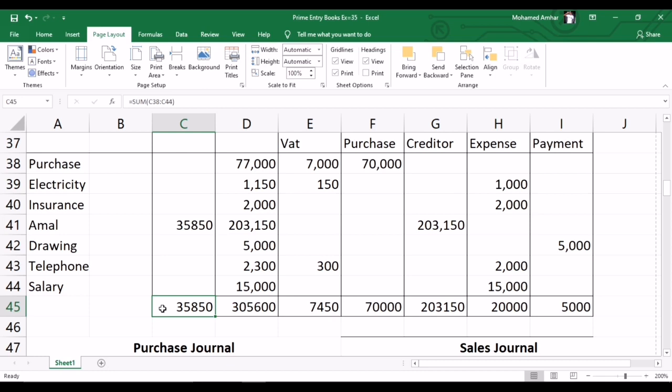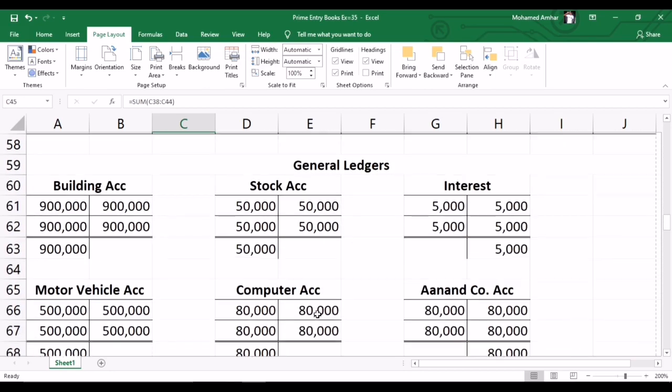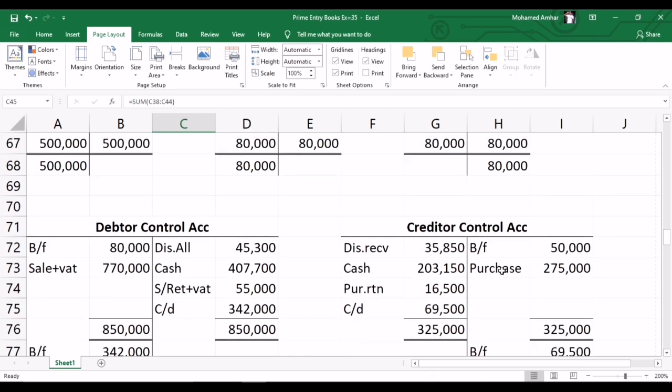So by discount received, creditors actually decrease. So you have to debit the creditor account because creditors decrease. Normally creditors are a liability with a credit balance, so they should decrease. So you have to debit the creditors control account.